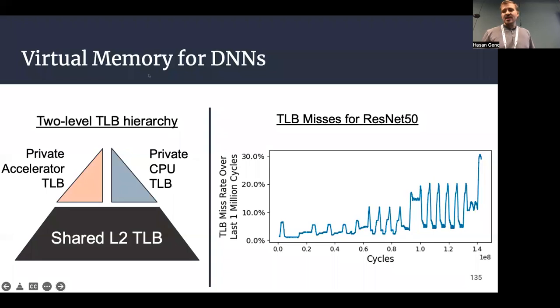And this is mainly because DNN workloads are oftentimes very tiled, right? So going down just a few rows can push you into a whole new page, basically, if you're working on strided data.